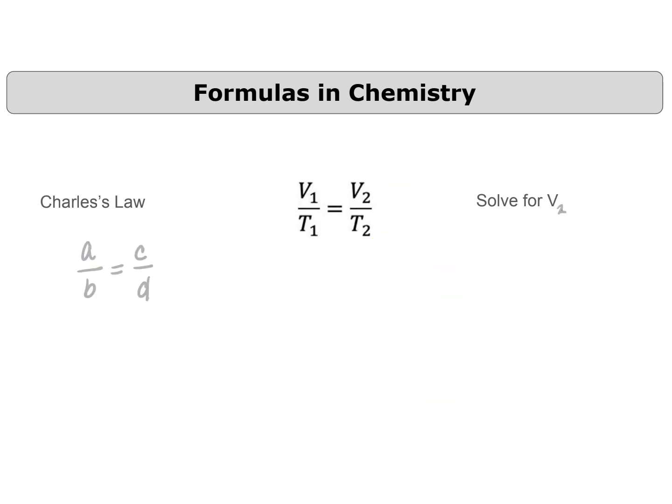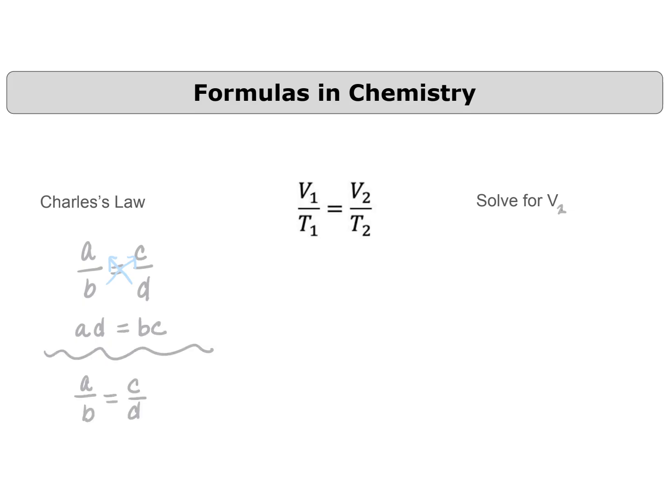So there's a nice little thing in math called cross multiplication, which is actually just a shortcut way of applying our algebra rules. And if we have something like A over B is equal to C over D, we can cross multiply to get AD is equal to BC.